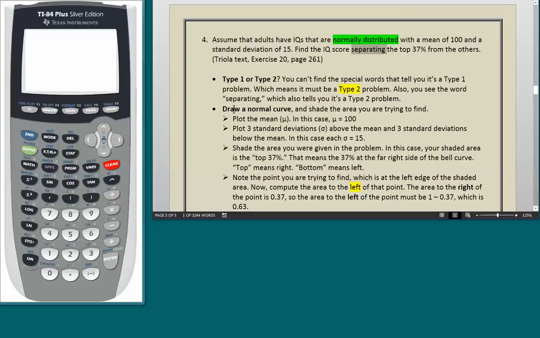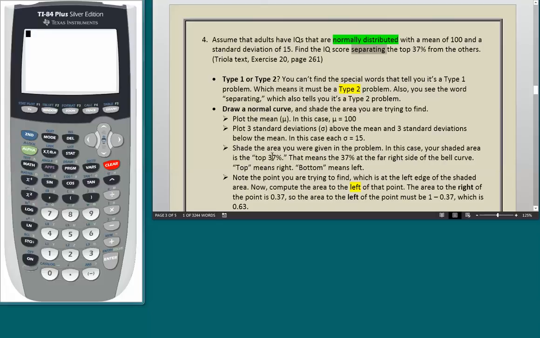As with the other problems, we are now going to draw a normal curve and shade the area we are trying to find. As with all the others, we're plotting the mean, which is 100. We plot each of the standard deviations. Then it says shade the area you were given in the problem. In this case, your shaded area is the top 37%. That means the 37% at the far right side of the bell curve. Top means right, bottom means left.